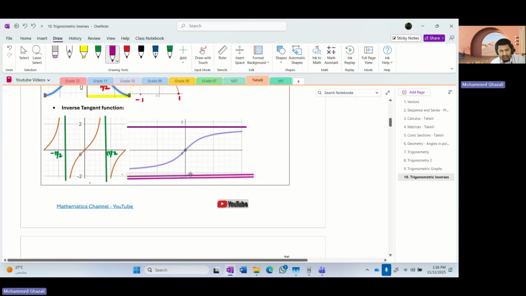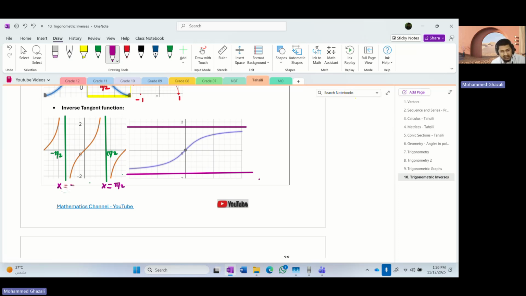Because the vertical asymptotes were x equals pi by 2 and x equals negative pi by 2, the horizontal asymptotes will now be y equals pi by 2 and y equals negative pi by 2.